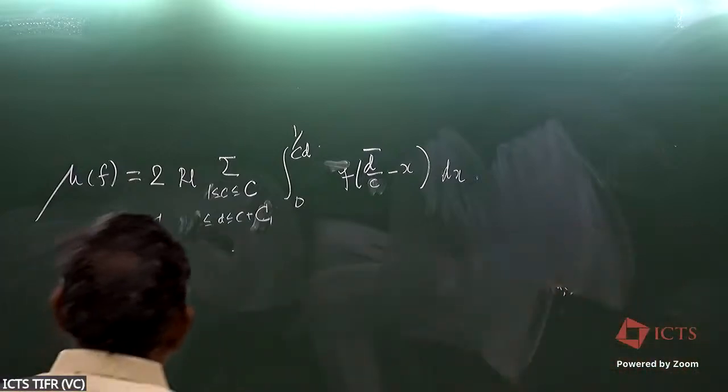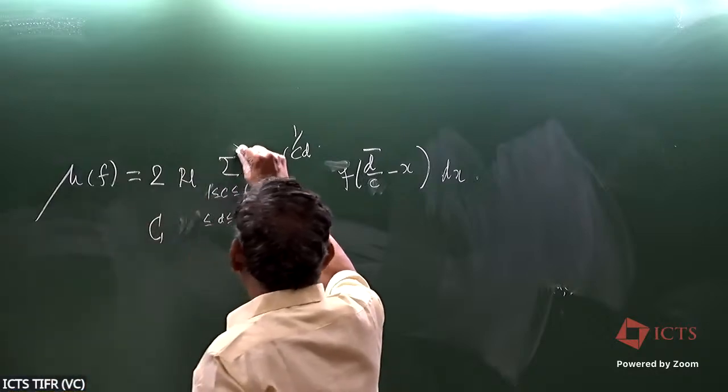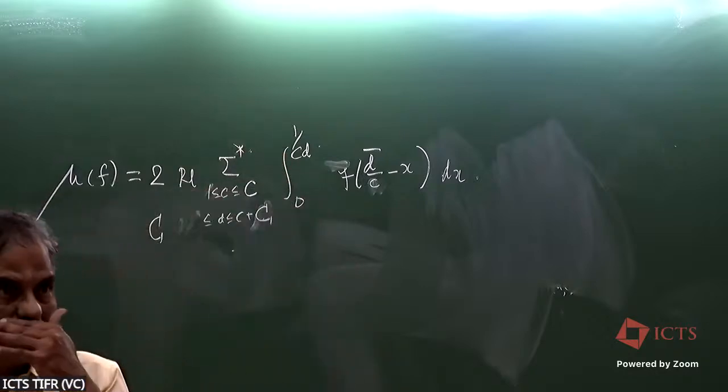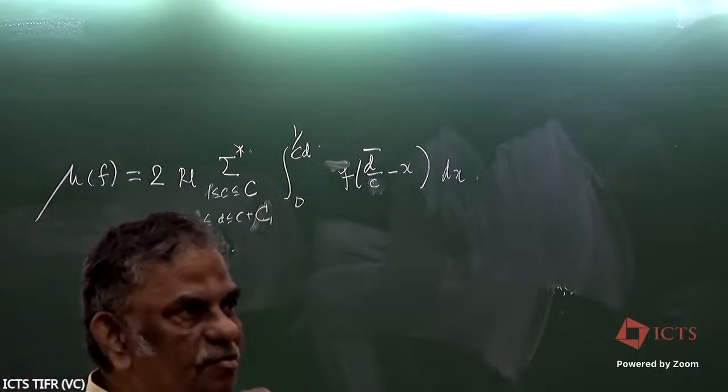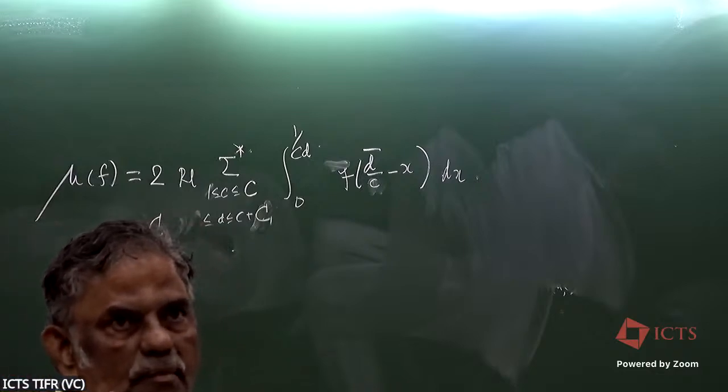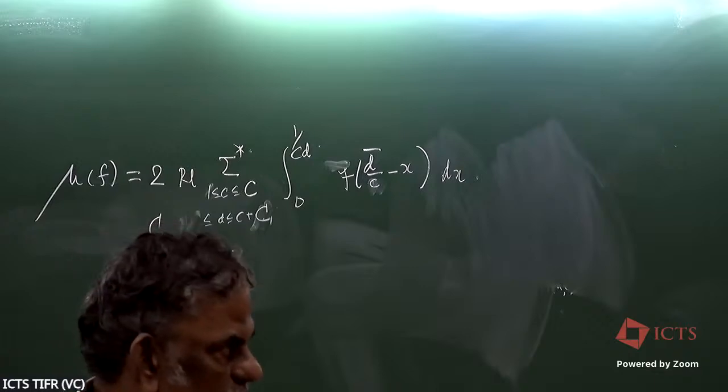Therefore, there will always be a star, the star always standing for the coprimality. Is it okay? This is the starting point.